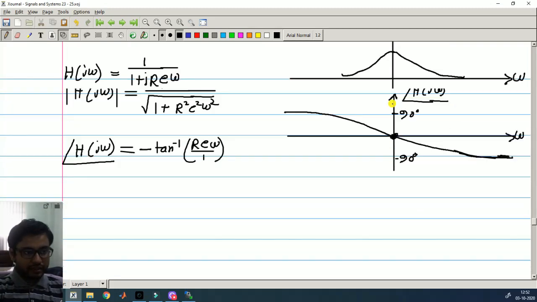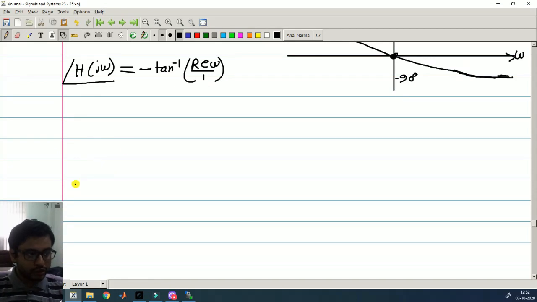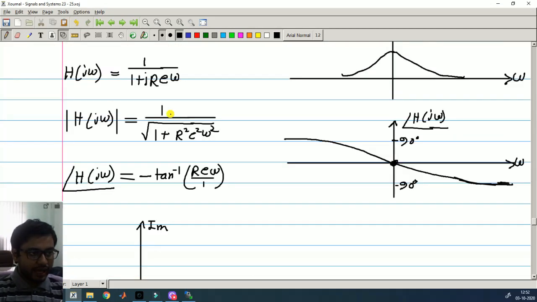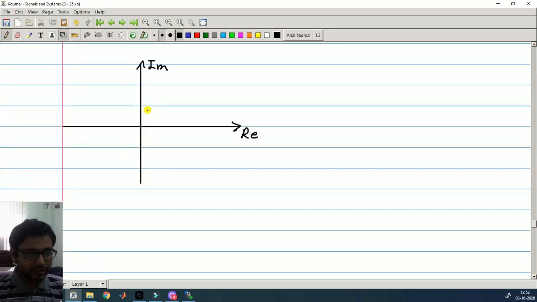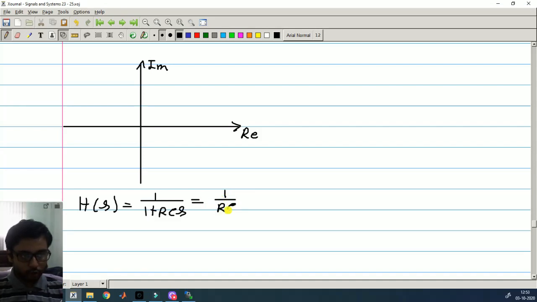And we could also use the pole-zero diagram. So let me also demonstrate that quickly. Real axis, imaginary axis, and H(s) is here 1 by 1 plus RCs. Let me write again. H(s) is 1 by 1 plus RCs, which is equal to 1 by RC common.